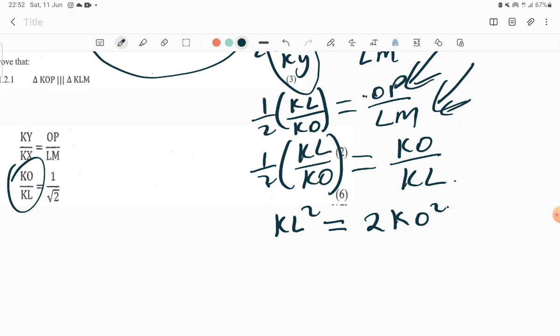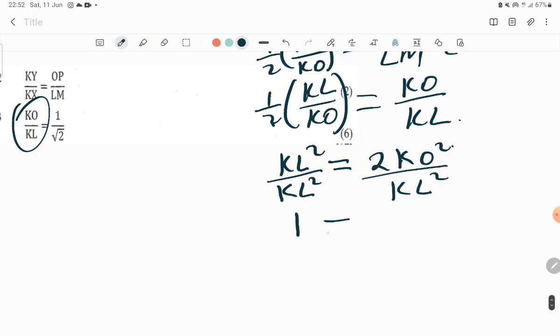We can just divide by KL squared both sides. So this side you'll be having 1, then this side you'll be having just 2 KO squared divided by KL squared.